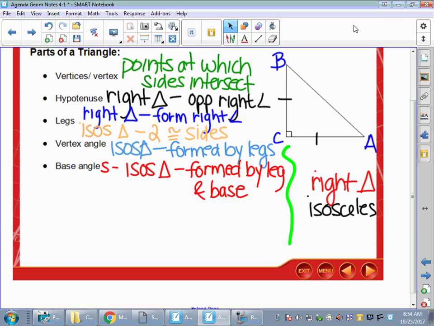So in this particular case, in this right isosceles triangle, the vertex would be C. The legs would be BC and side AC. The hypotenuse would be side AB. The base angles would be angles A and B.